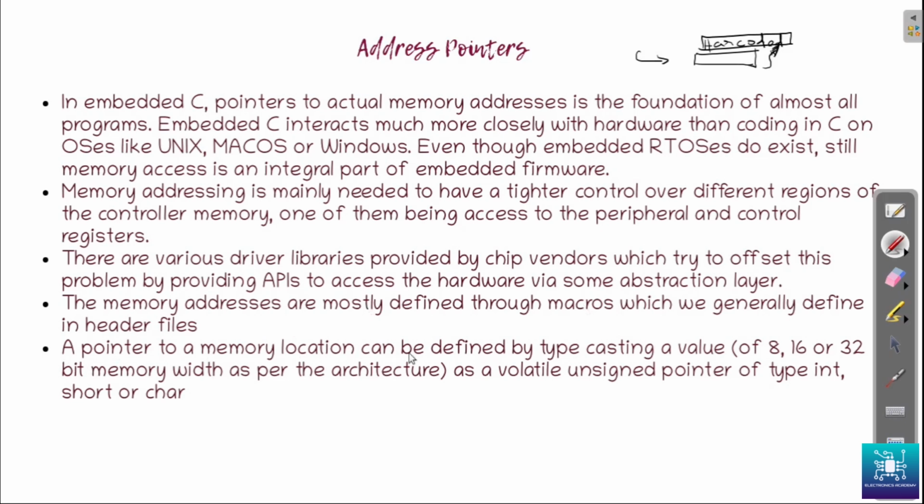A pointer to a memory location can be defined by typecasting a value of, say, 8, 16 or 32-bit memory, as per the architecture, as a volatile unsigned pointer of type int or short. Mostly it is volatile, but it need not be volatile all the time. But yes, volatile, so that the compiler is prevented from making any optimizations, and whenever we are reading that particular memory location, it is indeed accessed.